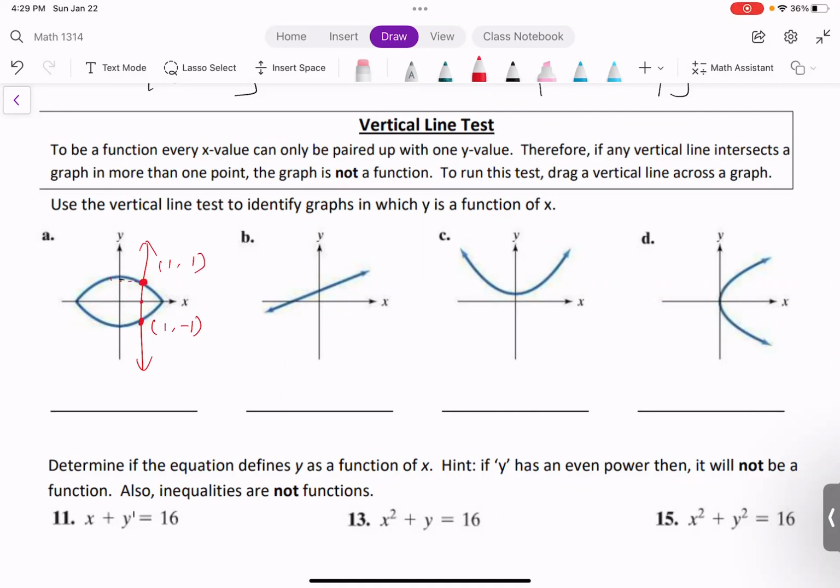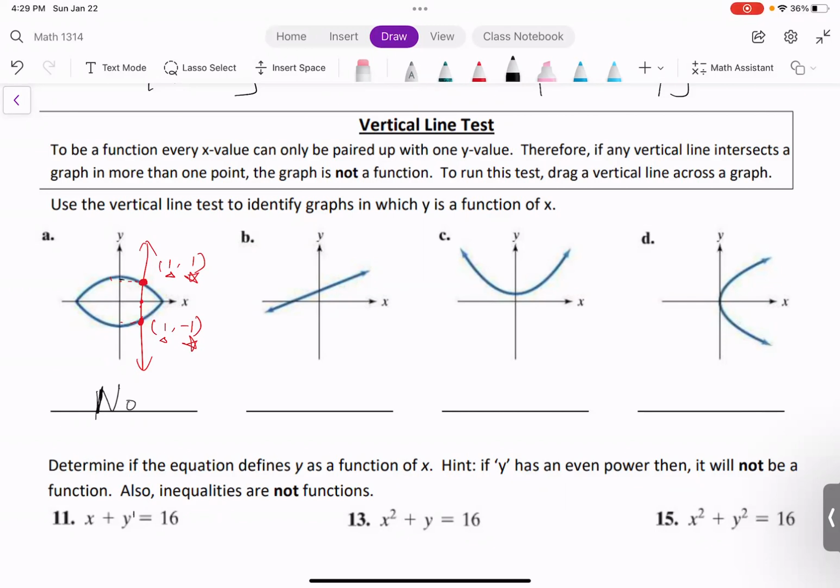We say this is (1, 1). Another point has the same x value but a different y value. So if I have two intersects, the x values are the same but they have different y values. One x has two partners. Okay, this is not a function. No.